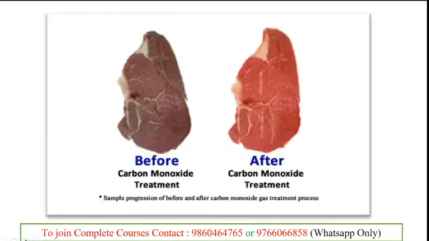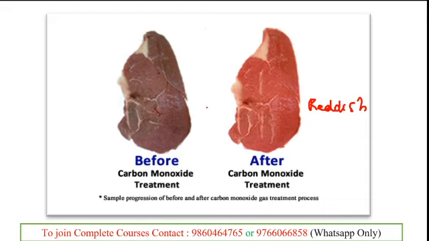This is the picture for the carbon monoxide treatment. Before the treatment, you can see a picture of meat, and after the carbon monoxide treatment, you can see the reddish color in the meat. After the treatment, the meat looks very reddish, but in reality it looks like this. So it causes many problems to human health.